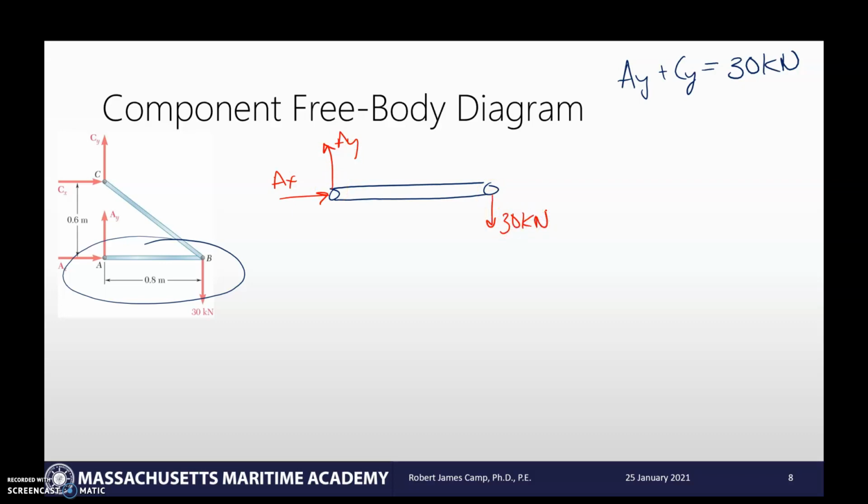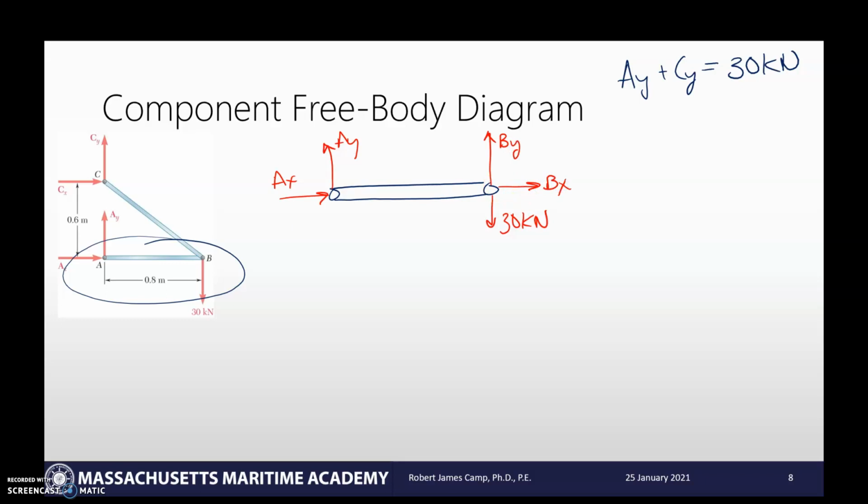Now actually, as we break this up, BX and BY is going to be this internal pin, but there's still technically an external force to this linkage. And so since we have B, it's an internal pin joint, that tells us that we're going to have a BY and a BX.